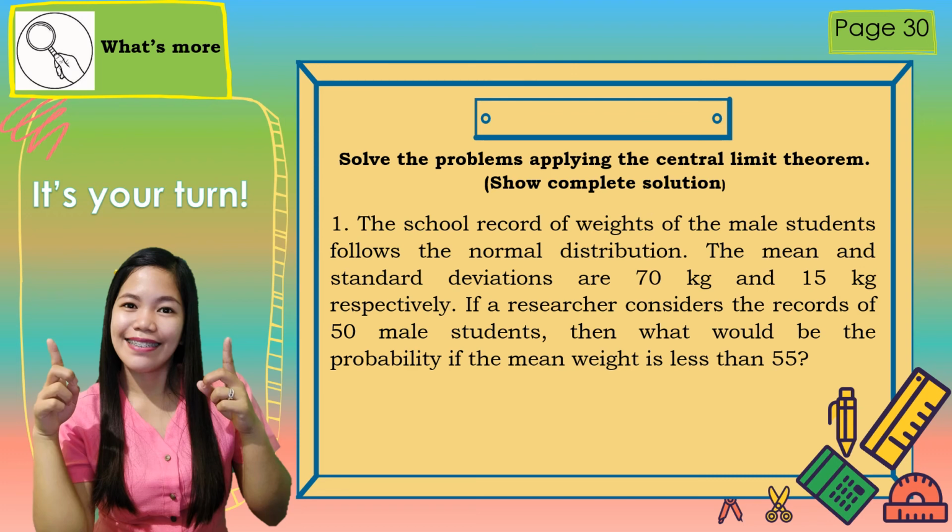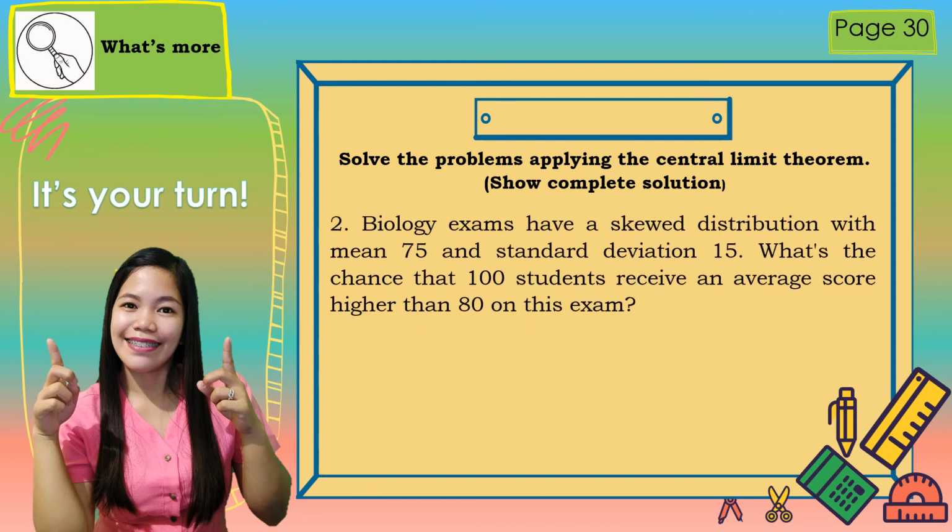If a researcher considers the records of 50 male students, then what would be the probability that the mean weight is less than 55? For number 2, biology exams have a skewed distribution with a mean of 75 and a standard deviation of 15. What's the chance that 100 students receive an average score higher than 80 on this exam?